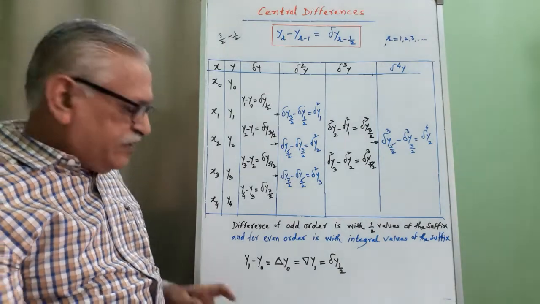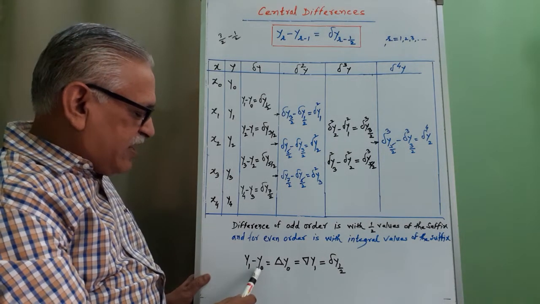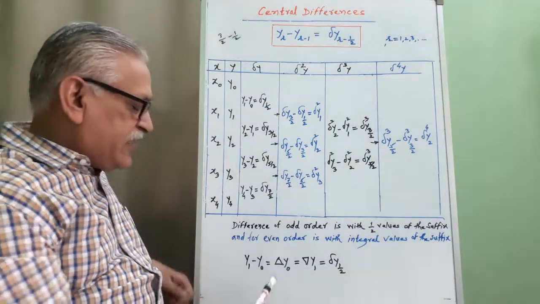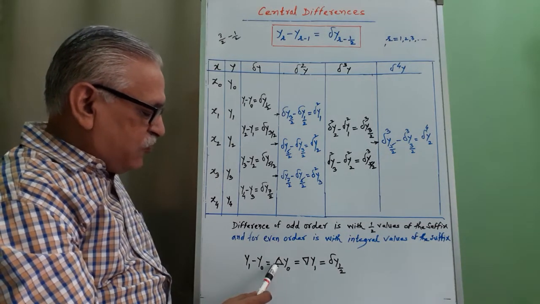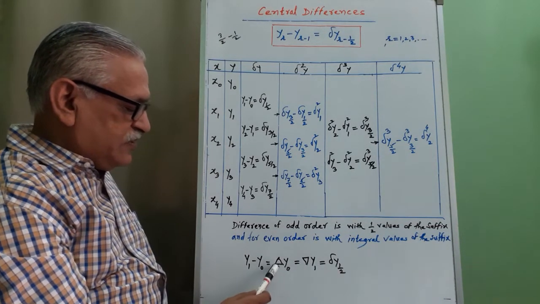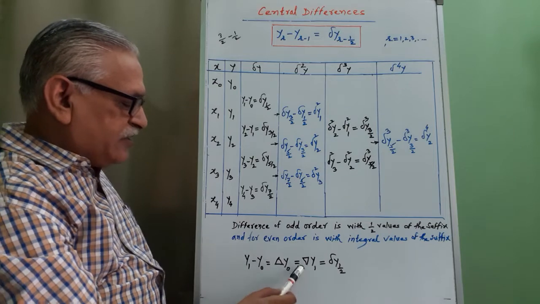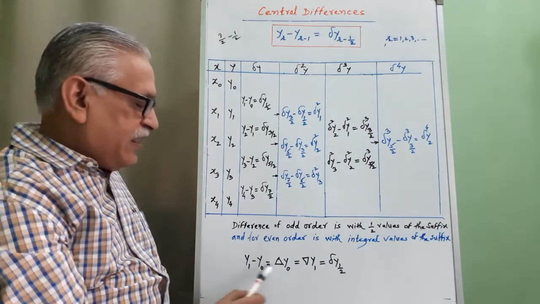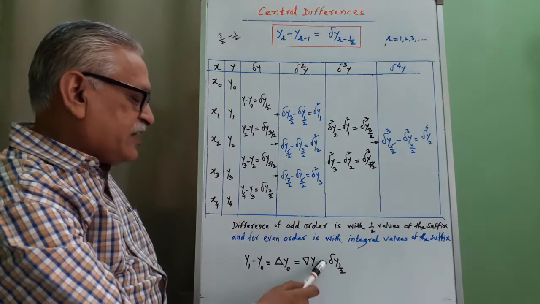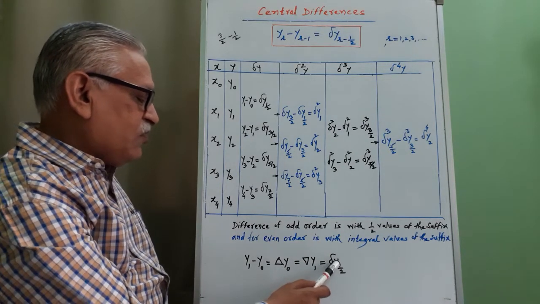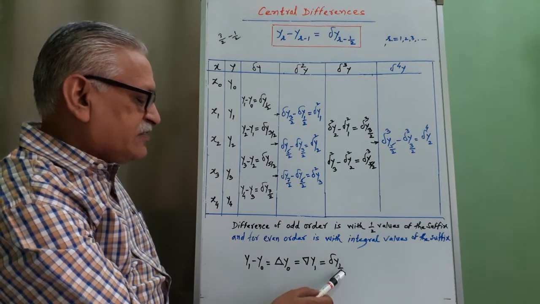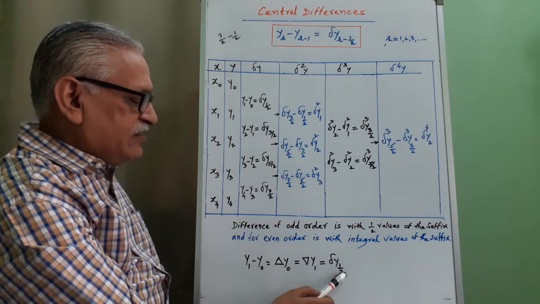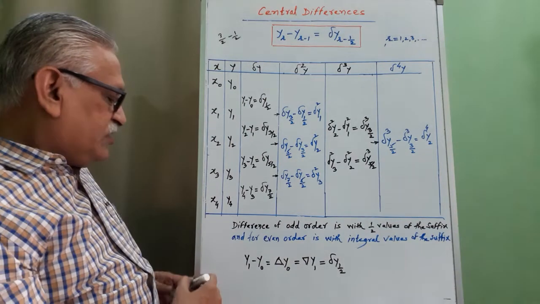Only the notation is different. y1 minus y0, we all know, is the forward difference of y0, and it is nothing but the backward difference of y1, and it is also the central difference delta y with suffix 1 by 2.